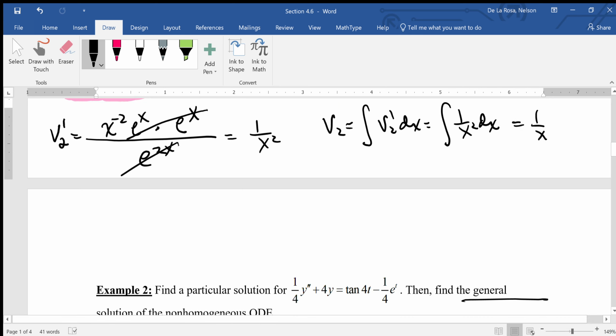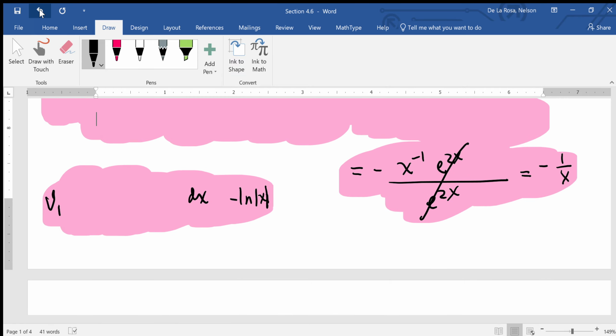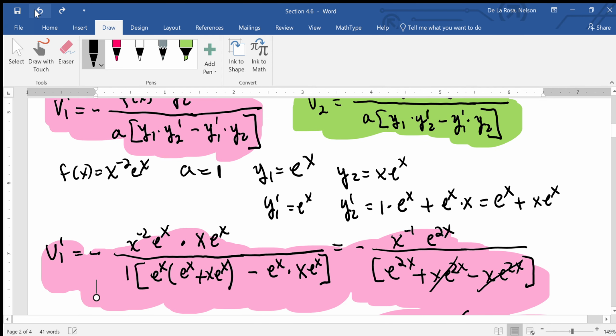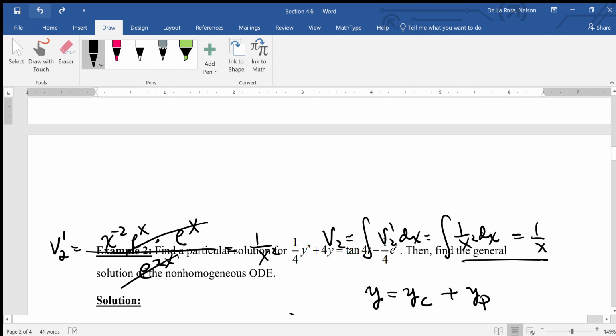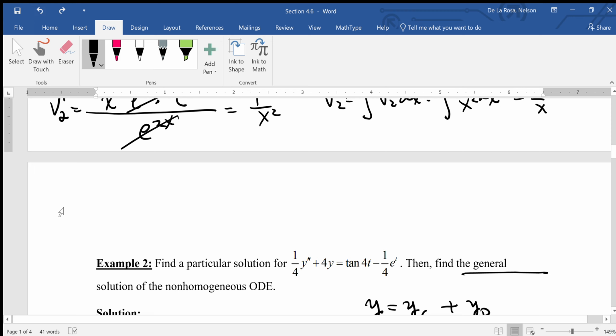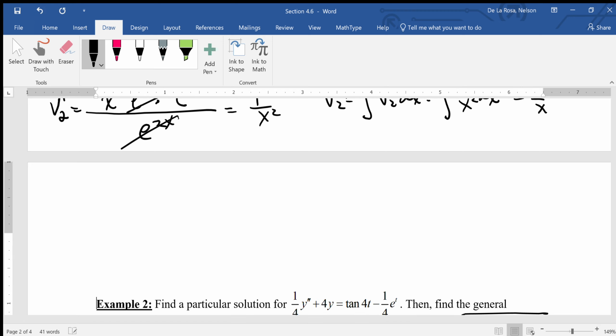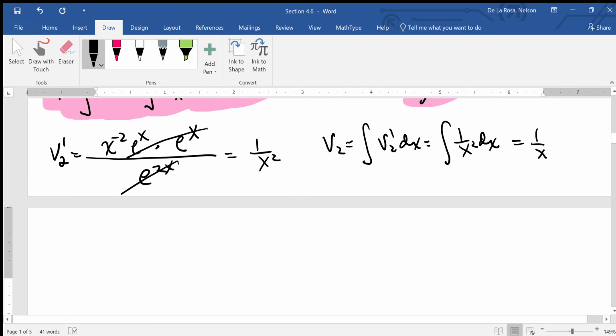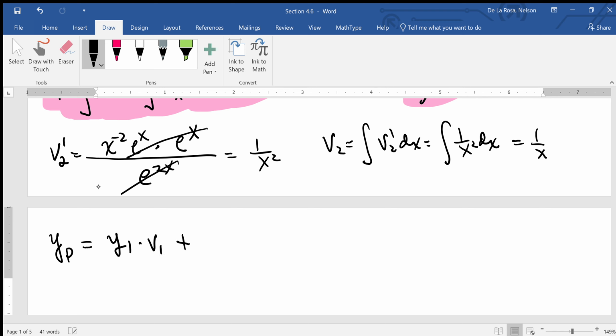Recall the particular solution yp is y1 times v1 plus y2 times v2.